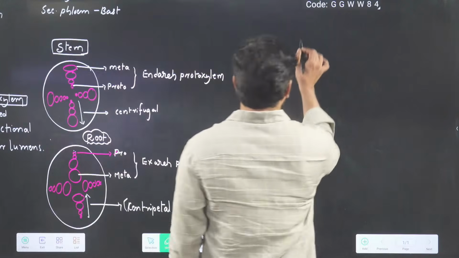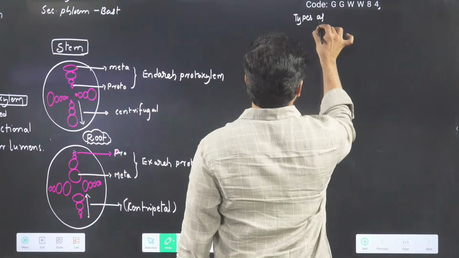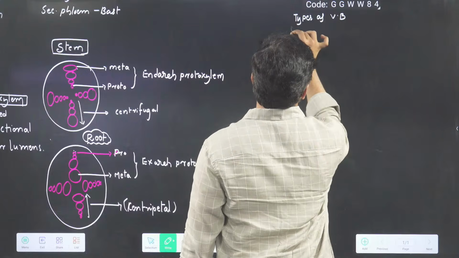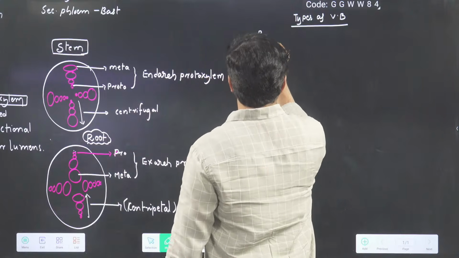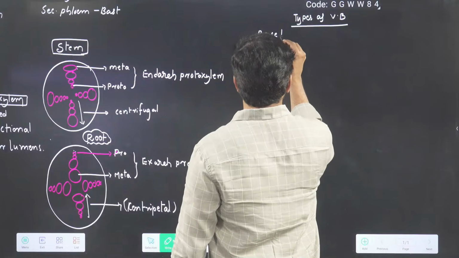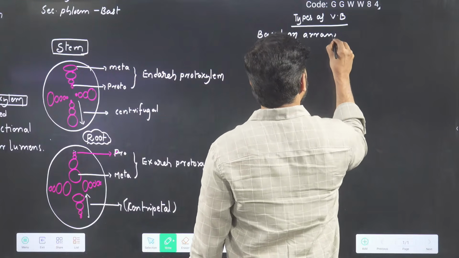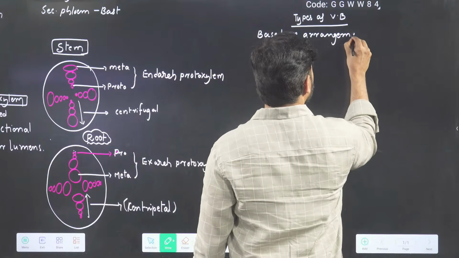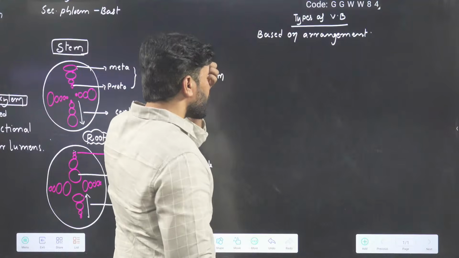Types of vascular bundles. This is based on arrangement. It follows different directions like this.